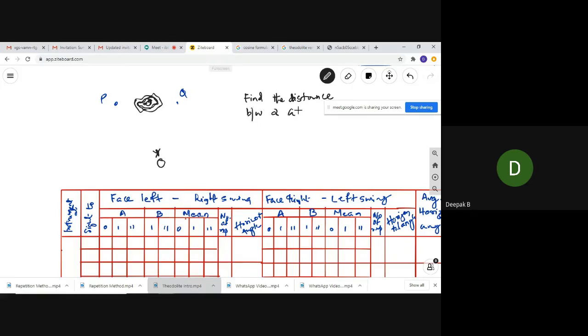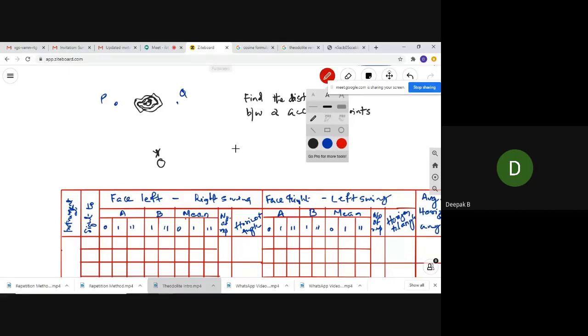Accessible, in the sense, this distance can be measured, and this distance can also be measured.